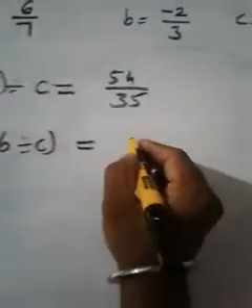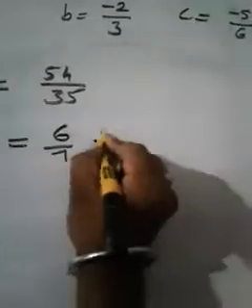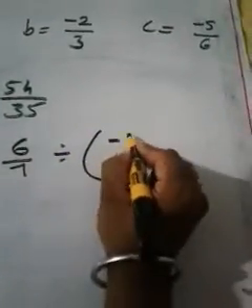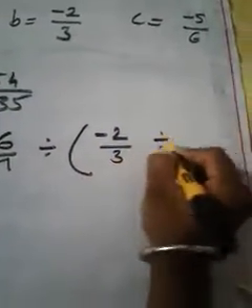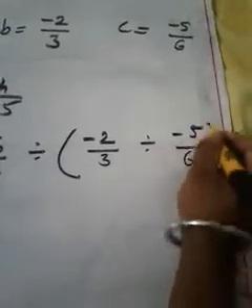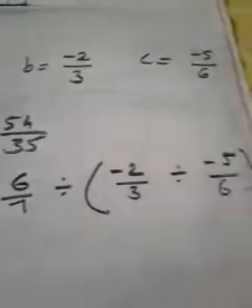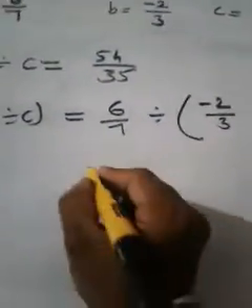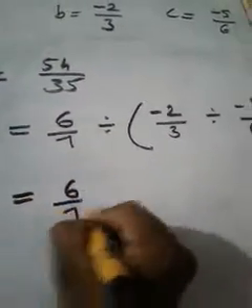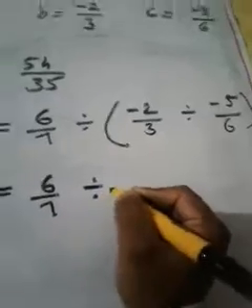And now just see. So it becomes 6 by 7 divided by, inside the bracket it becomes minus 2 by 3 divided by minus 5 by 6. See, 6 by 7 as it is. As I told you, you have to give preference to the things inside the bracket. All the other time you can rewrite as it is.